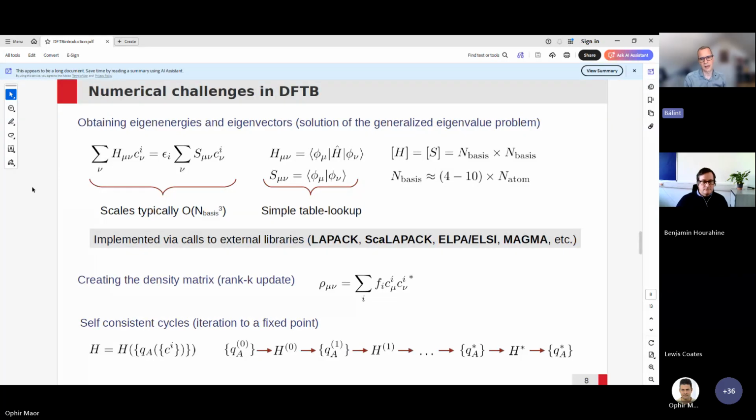These things are basically done within DFTB Plus, but we are not programming the algorithms ourselves. We are relying on external libraries, which implement efficient algorithms like LAPACK, or MKL if it comes from Intel, and of course also parallel versions of that like ScaLAPACK, or specialized libraries which provide even more efficient solvers, like the so-called ELPA library, if you have ever heard about that, which provides exactly methods for solving that problem.